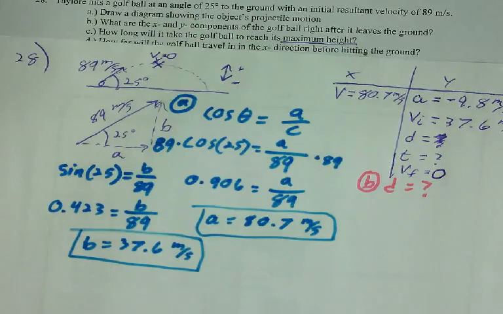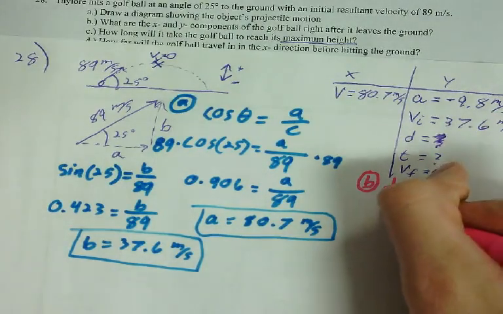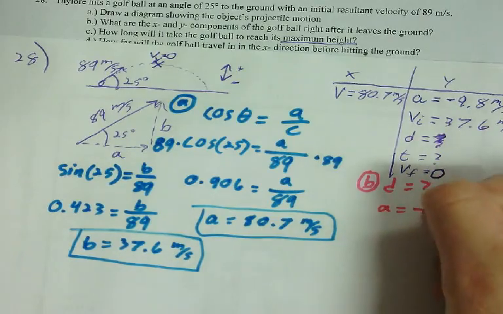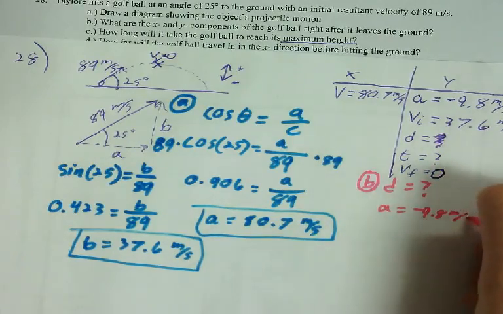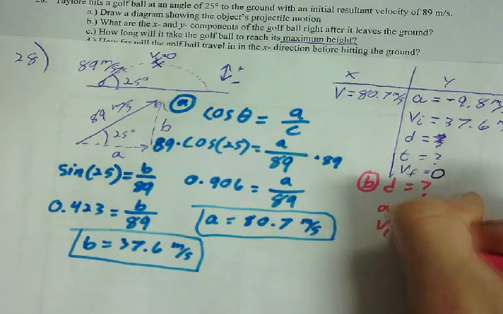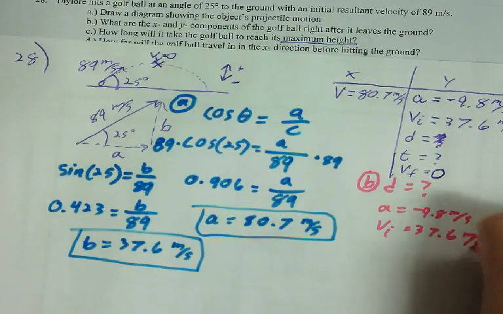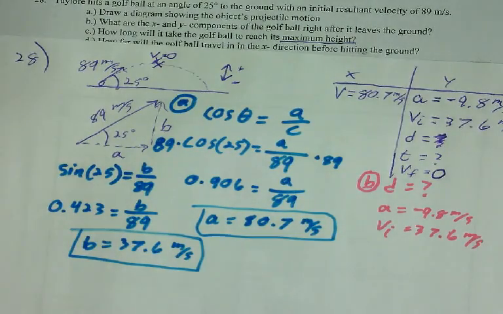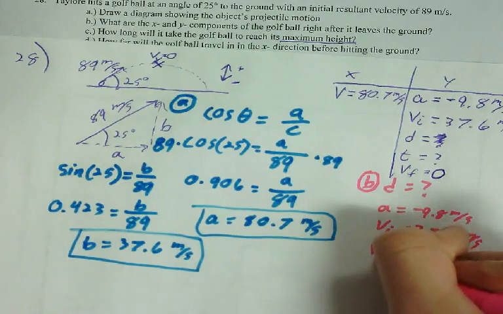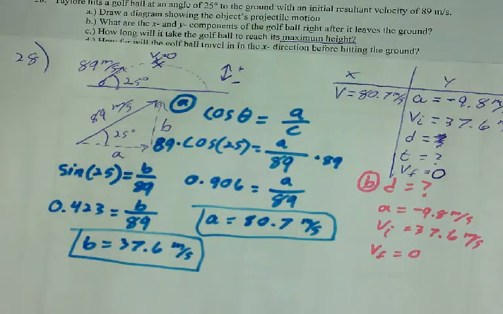So now that I've got that, I've got A, I've got VI. Notice I'm using the B value, not A or C. So I'm using the Y velocity here. And then lastly, the final we said was 0. So plug the numbers in.